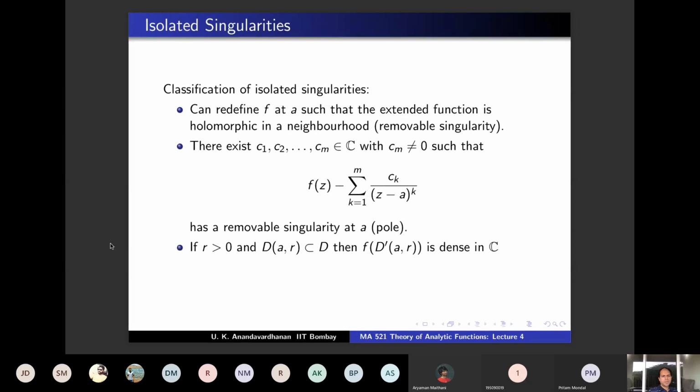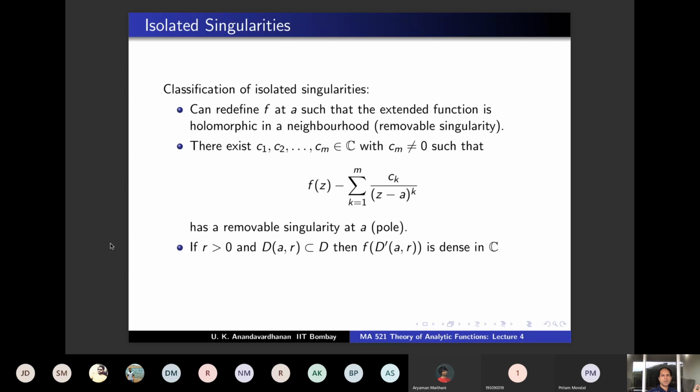And the third possibility is you take any open disk around a, and you take the image of that open disk under your function, and that is dense in C. If you take any small open disk containing a, and if you take the image of that, then that is dense in the whole of C. Given any point in C, you can find a point near a.